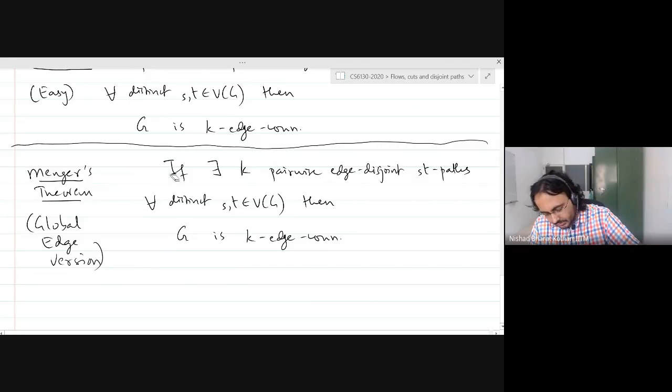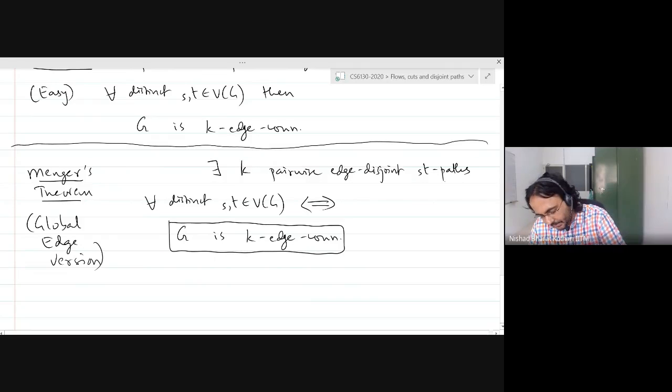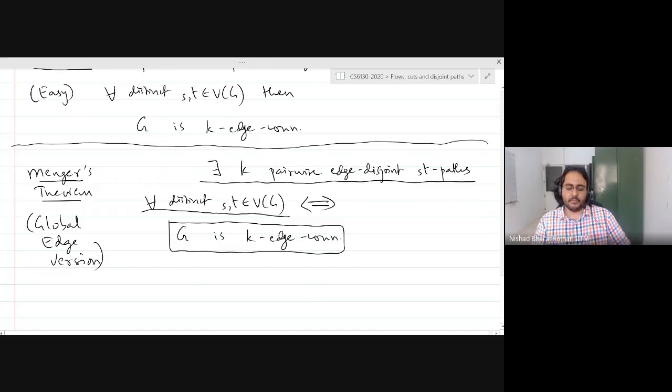So what Menger's theorem says is that the graph is k edge connected if and only if the condition we discussed is true. The graph is k edge connected if and only if there exist k pairwise edge disjoint ST paths for any two distinct vertices S and T.